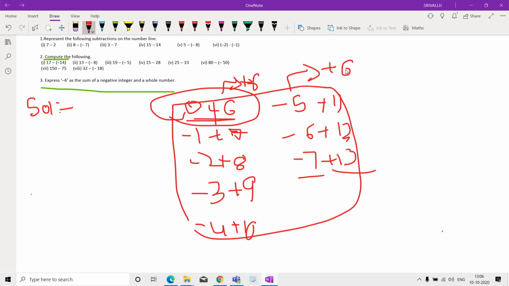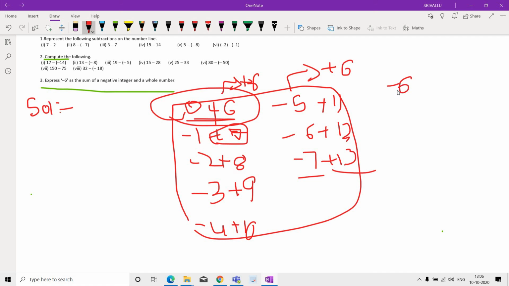Why I said it first, they said negative, you will get one idea about this. Why I am saying like this means, here all numbers are in big form, all whole numbers. That time how will you get minus 6? For that purpose I said this problem. So don't confuse. Now I will say how minus 6 will come.